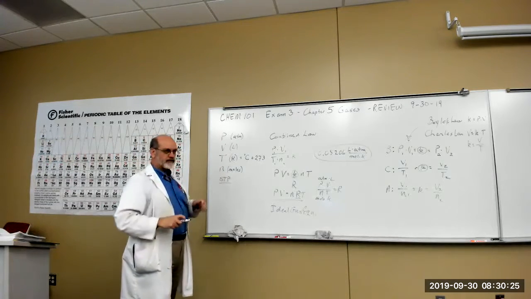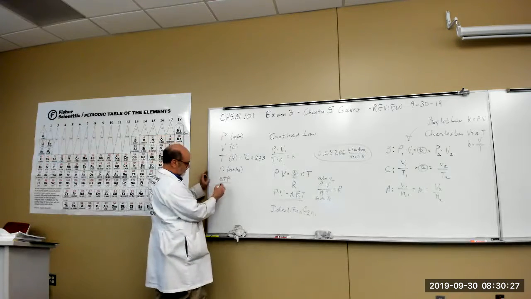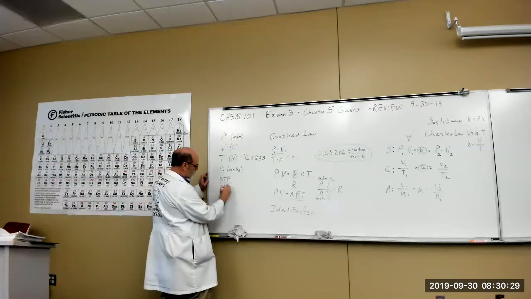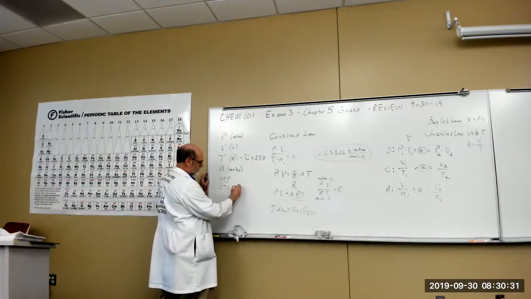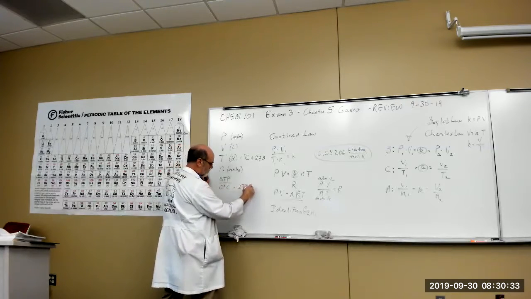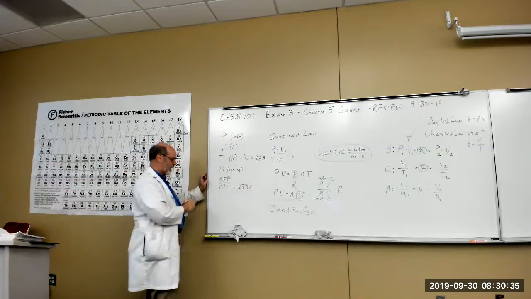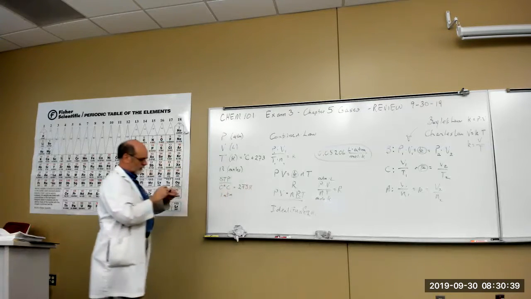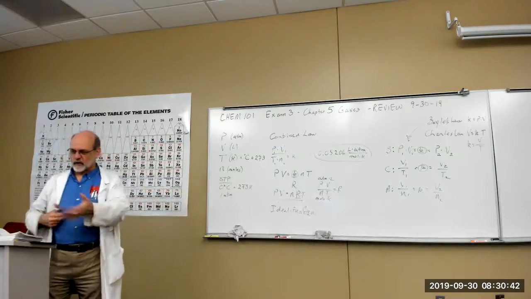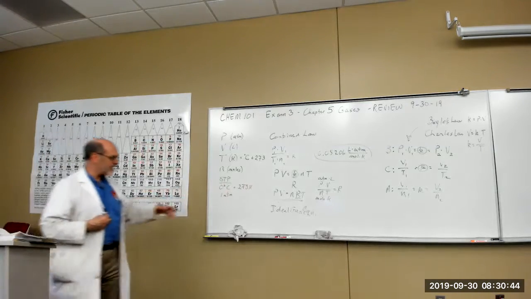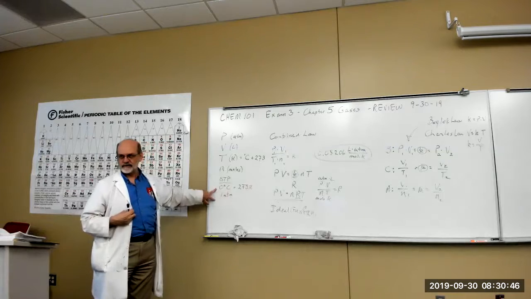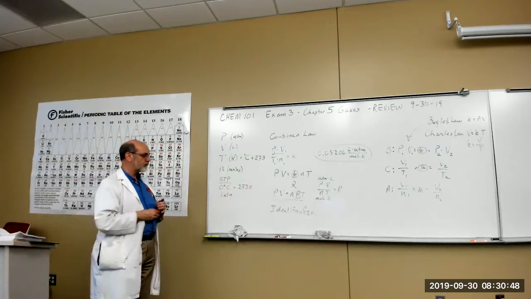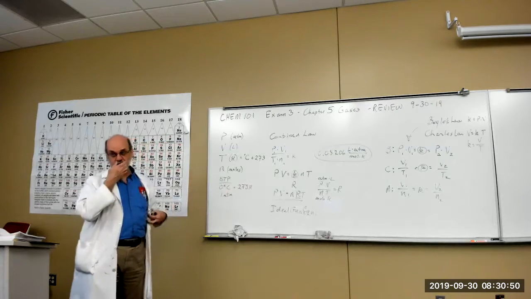Standard temperature and pressure for gases is a temperature of 0 degrees C, which would be what? 273 K. Right? And pressure is 1 atmosphere. So if you read a word problem, it says the conditions are STP, standard temperature and pressure. That's what it means.